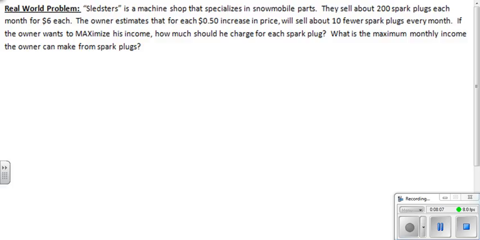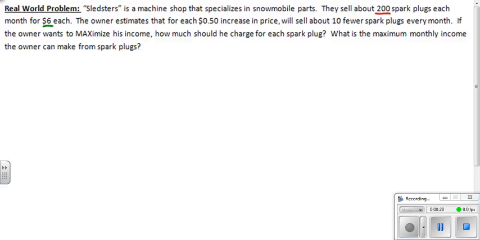Now, when can we use these minimums and maximums in real life? Well, here we have a real-world problem that we can look at. It says Sledsters is the name of a machine shop that specializes in snowmobile parts. They sell about 200 spark plugs each month for about $6 each.